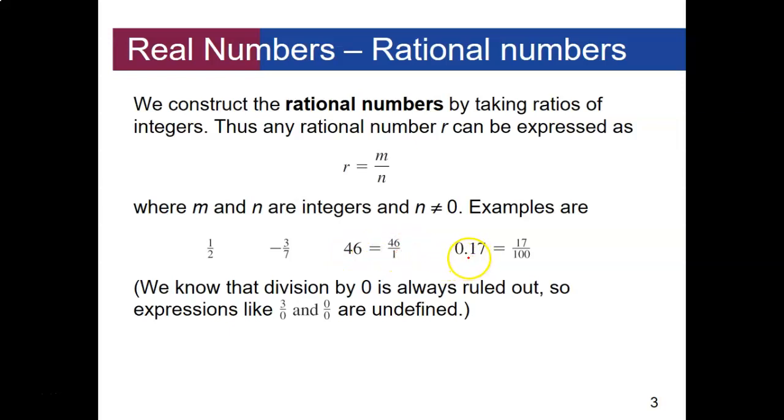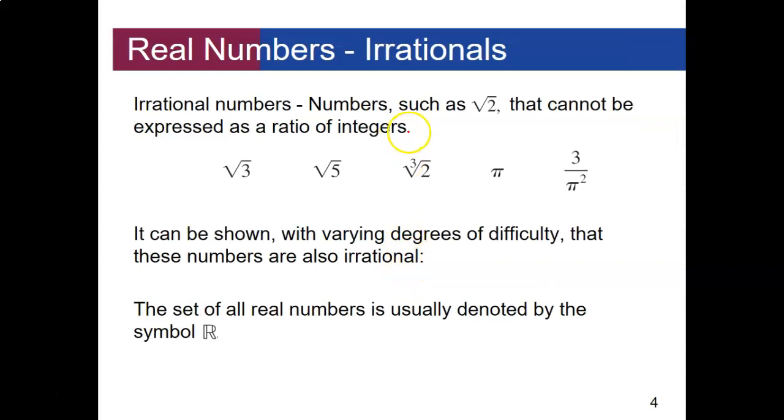And most of your decimals that are either terminating or repeating are going to be able to be made into a rational number as a fraction over a fraction. Okay, we cannot divide by 0, so just keep in mind that division by 0 is undefined and we're not allowed to do that.